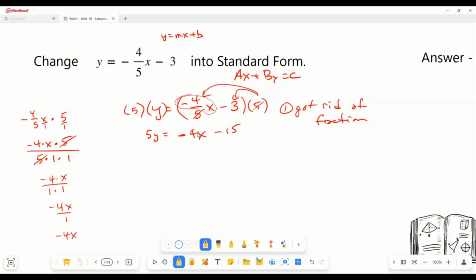To undo this, we do the opposite and add 4x. 4x and 5y will not combine, so we get 4x plus 5y. Over here, these add out, and we're left with negative 15. I don't have to multiply both sides by negative 1 now because I have a positive 4x. I can stop.